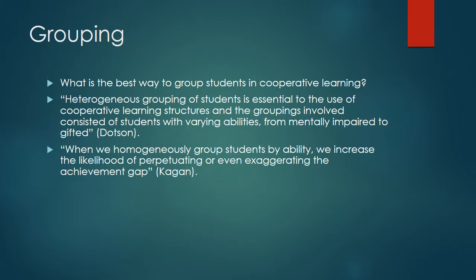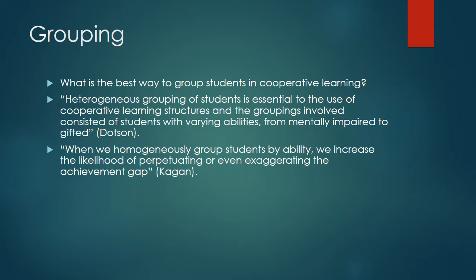So if we put all of our low-level students together and all of our high-level students together, all we're doing is creating a bigger gap in the level of achievement. If we mix them together heterogeneously, then we're going to have a better result in achievement, and hopefully we'll be able to close that achievement gap.